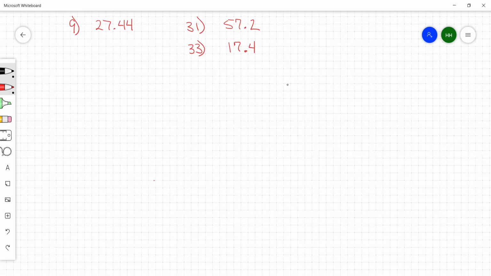The second part of this assignment will deal with what's called inverse trigonometry ratios. And we're just going to call it trig.